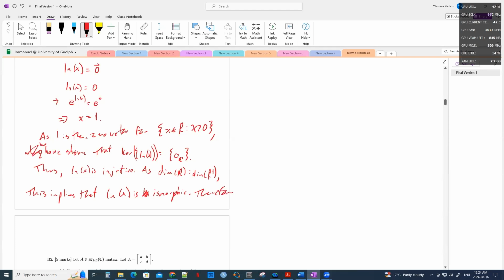Therefore, the sets R plus and R are isomorphic. Here, R plus is defined as the set of x in R such that x is greater than 0, or your real positive numbers.